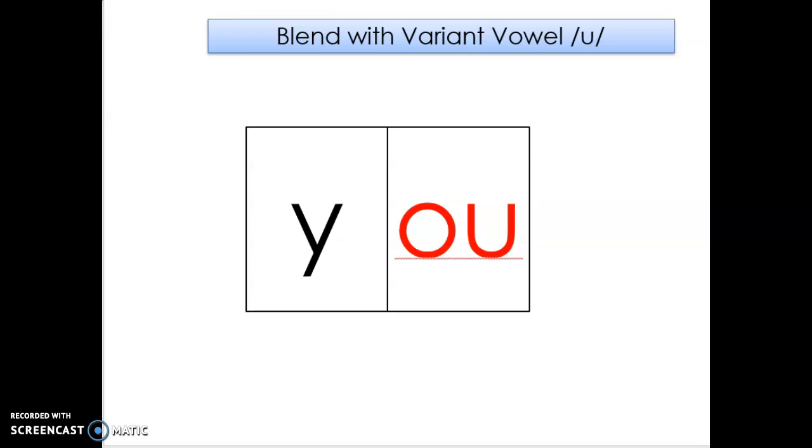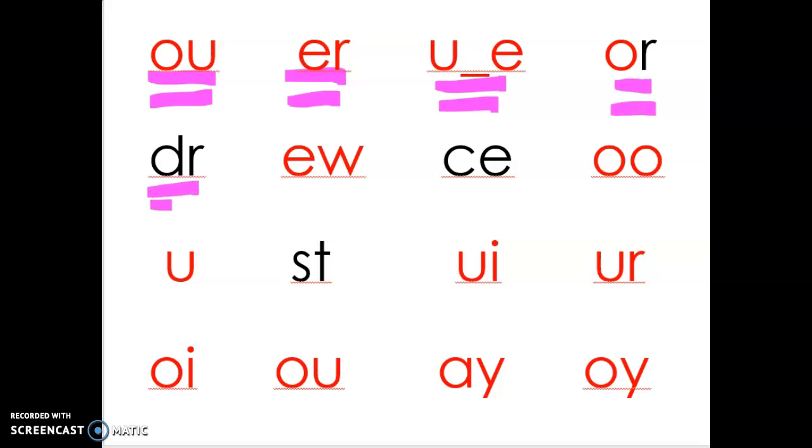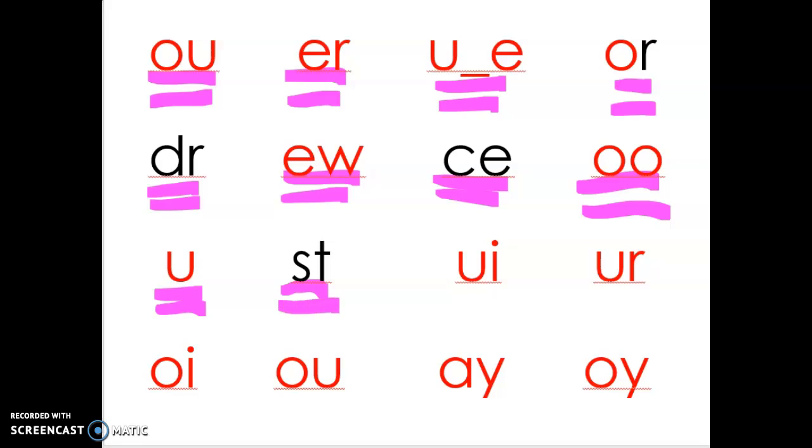Okay, next we are going to say some sounds. Say the sounds 2 times as I underline them. Ready? Read. Ooh, ooh, ooh, ooh, oi, oi.